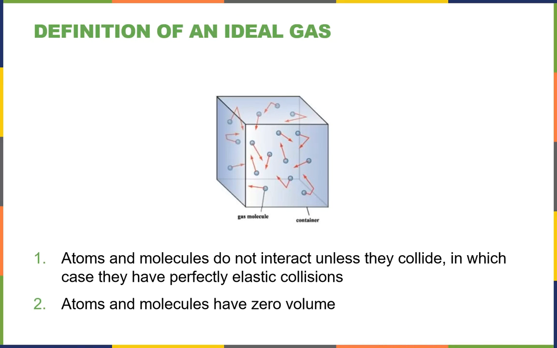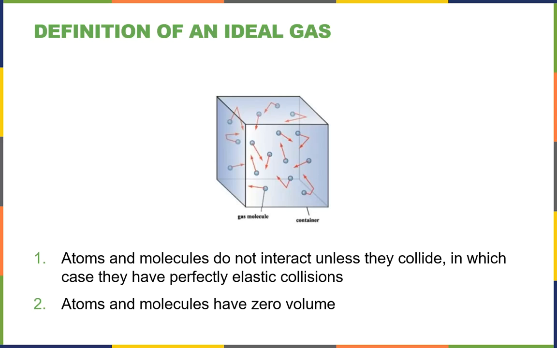Okay, ideal gases. Everyone has dealt with the ideal gas law, I'm pretty sure. So what we're going to do is talk about ideal gases and what makes an ideal gas ideal. Because when I was in high school and in chemistry, we didn't talk about what was ideal. We just said this is ideal.